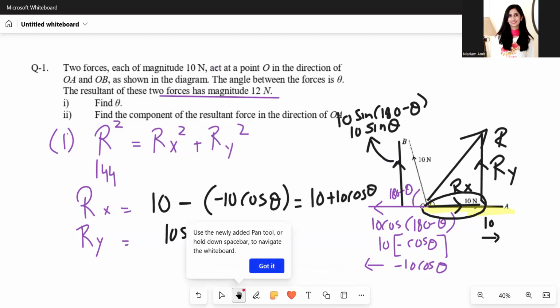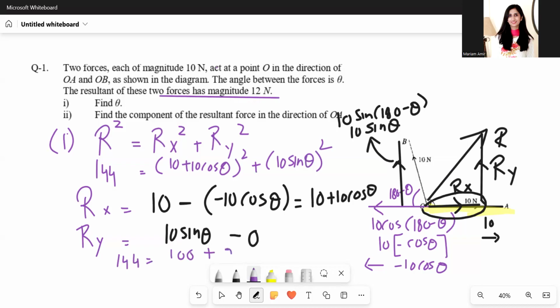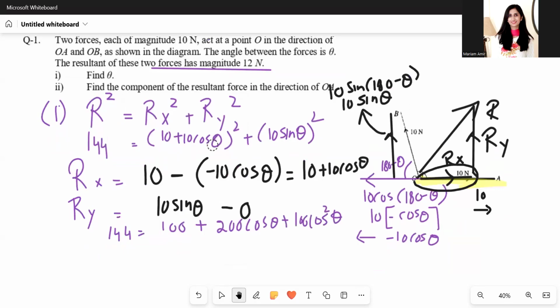Okay, now let's apply it here. This becomes (10 plus 10 cos theta) squared plus (10 sine theta) squared. So we have 144 equals a squared plus 2ab plus b squared, plus 100 sine squared theta.